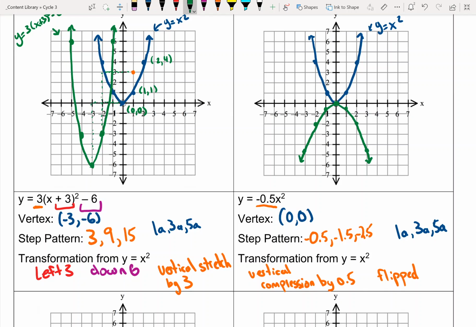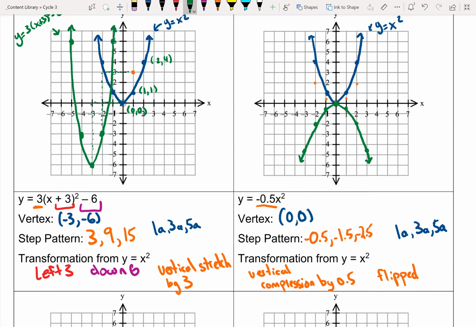Again, you could apply the same transformation by asking, what is the vertical transformation? At 1, it gets compressed by 0.5, which means it goes here. Each one of these gets dropped by half. And then we flip it.